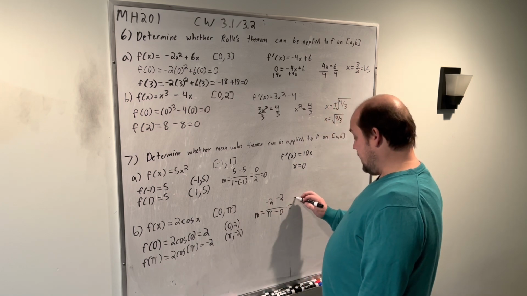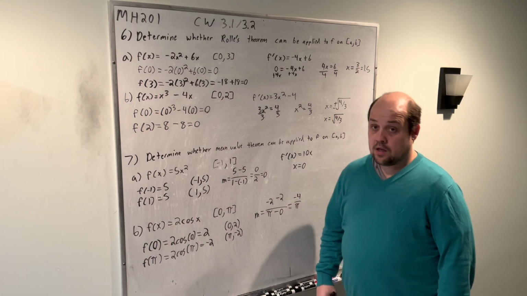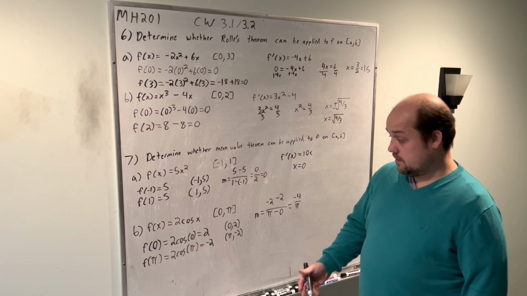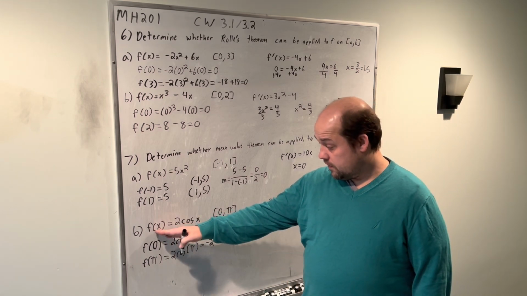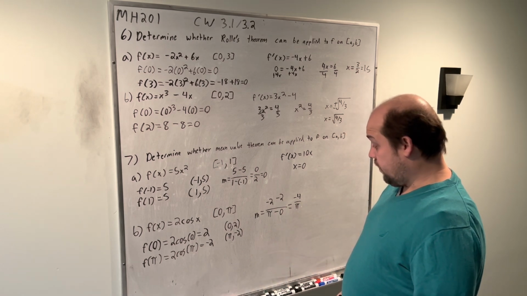So this should give me -4 over pi as a slope. What that tells me is that at some point, the derivative has to equal this -4 over pi.